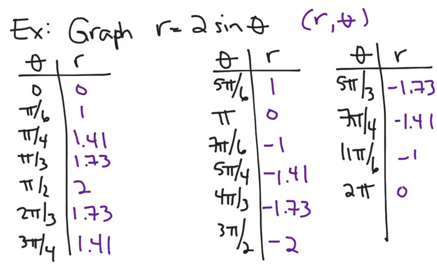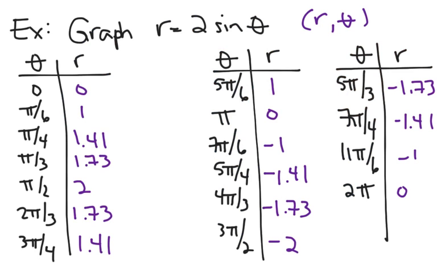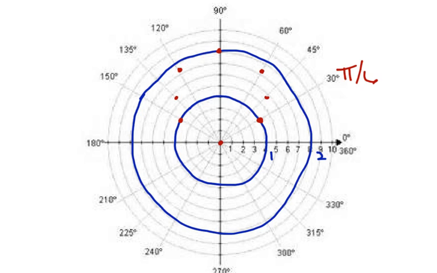And then we were at 2 at pi over 2. And then it started going back down, so at 2 pi over 3, 3 pi over 4, 5 pi over 6, and then at pi we were at 0 again, so we started back here.